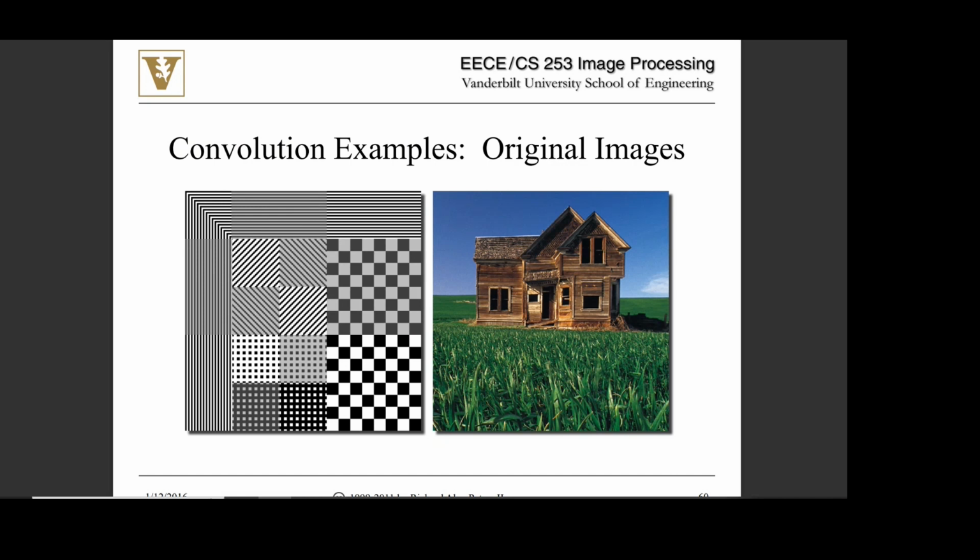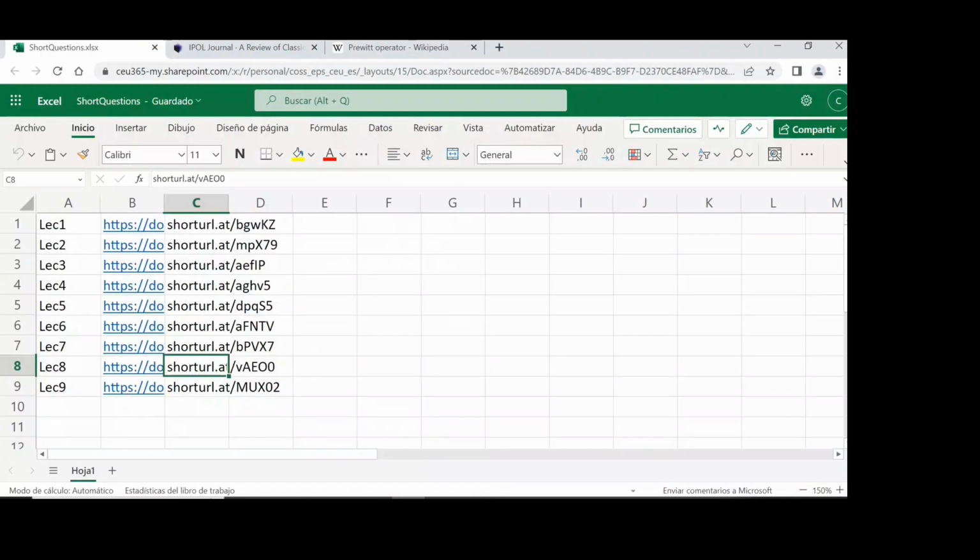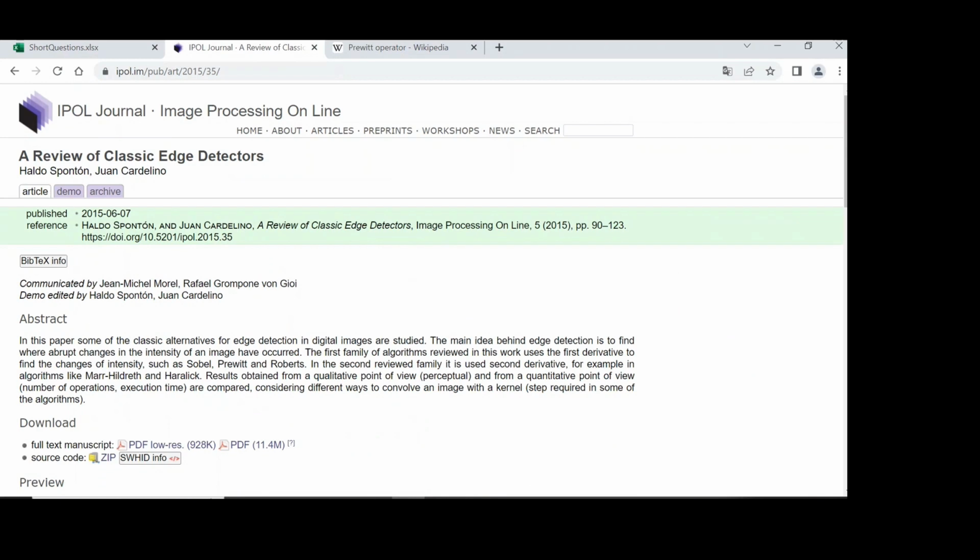No? I would like to show you how this can be done. For instance, this is a review of classic edge detectors.